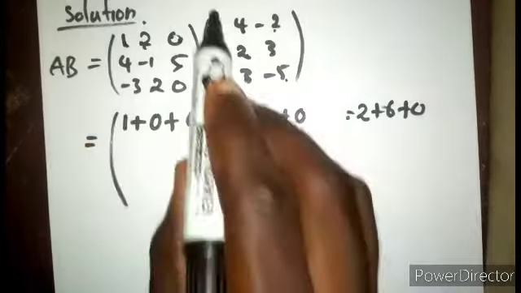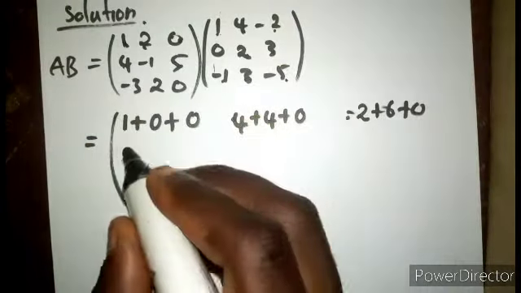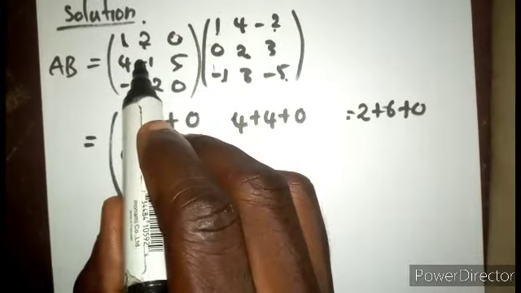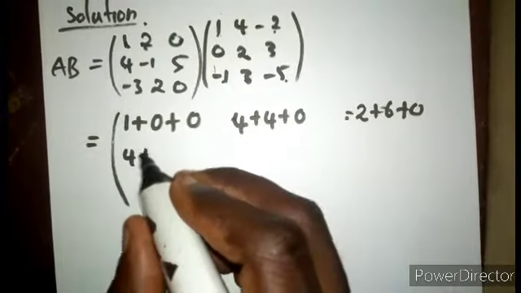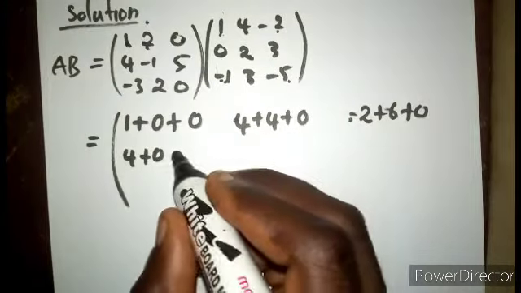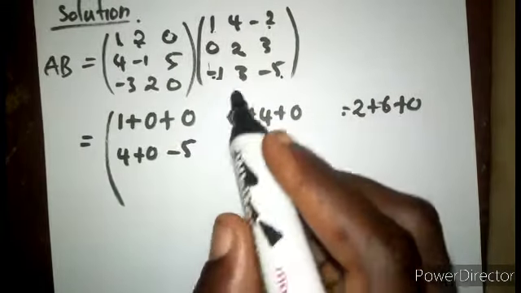Same thing, second row, first column: 4 times 1, 4, plus -1 times 0, 0, plus 5 times -1 is -5.